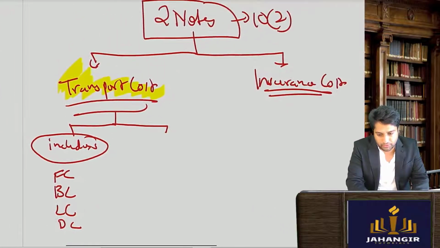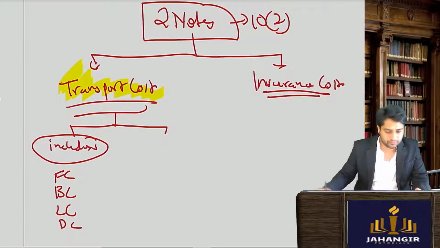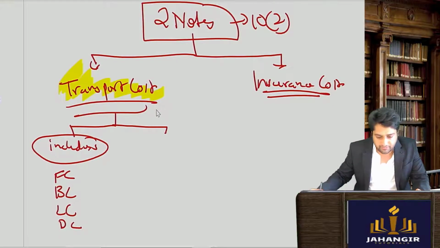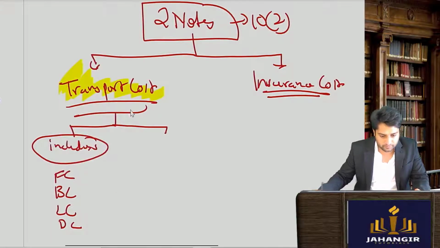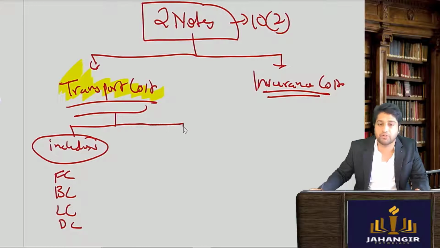Now coming to the second thing on your transportation cost. Now very important, supremely important, okay, is that you need to see whether you have imported the goods by air.